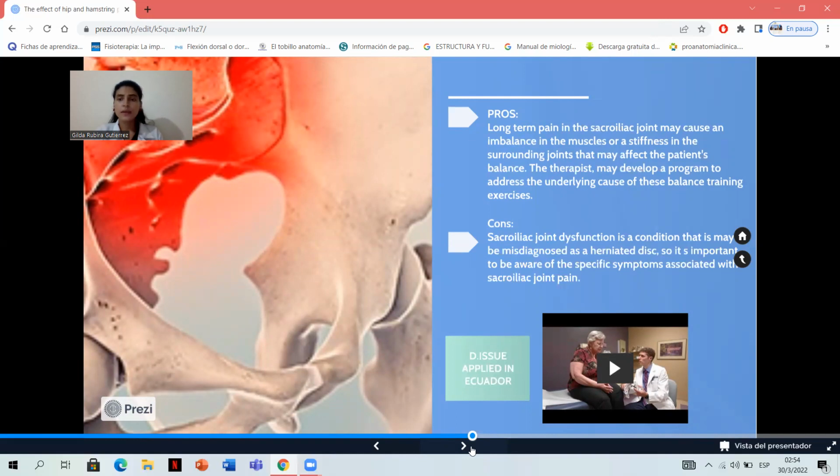The therapist may develop a program to address the underlying cause, such as balance training exercises. Sacroiliac joint dysfunction is a condition that may be misdiagnosed as a herniated disc, so it is important to be aware of the specific symptoms associated with sacroiliac joint pain.